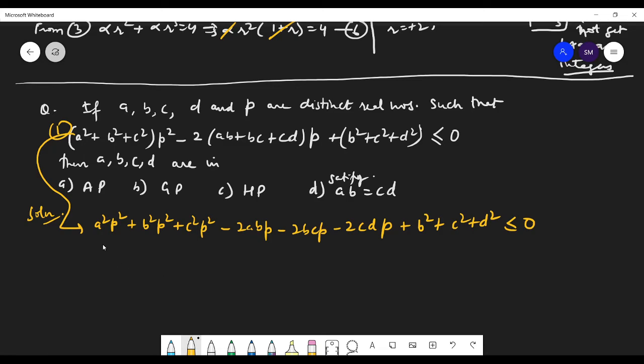Can you make some whole square here, students? We have done this kind of question earlier also, making whole squares. Can we make them whole square? We can see that this is A square P square, and then another term B, so these three terms we can take together.